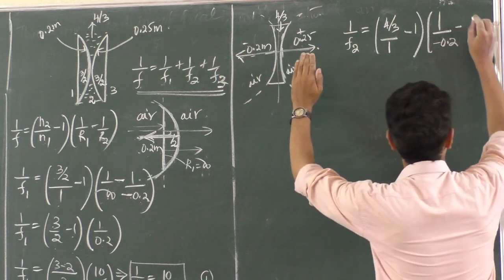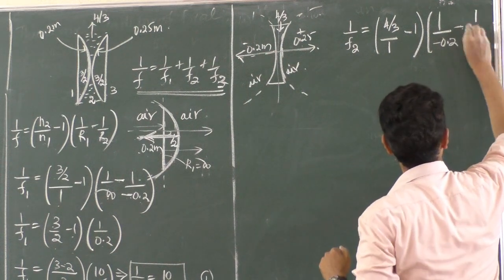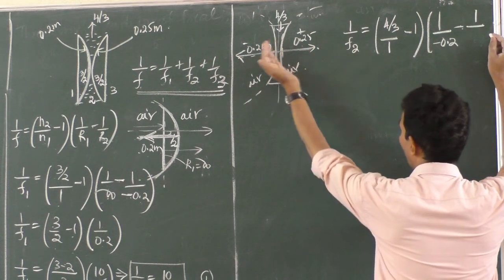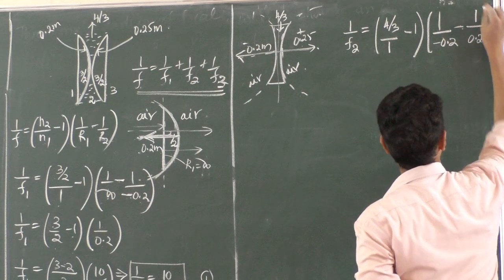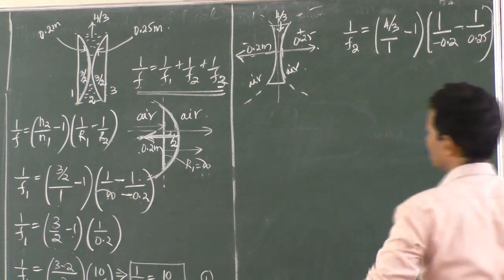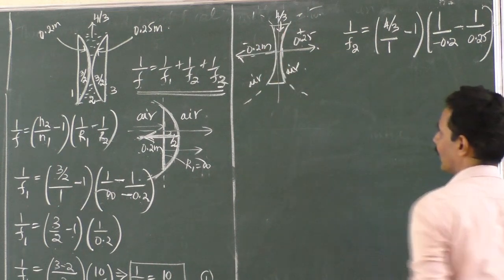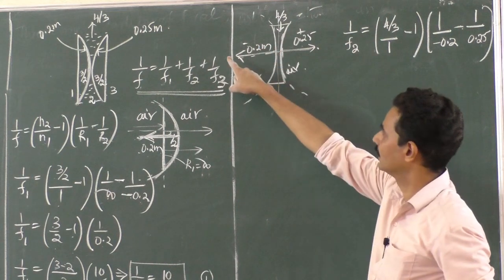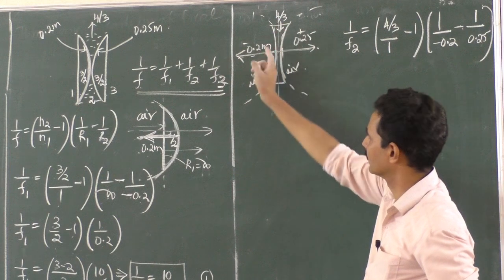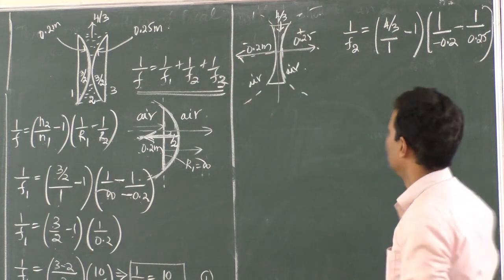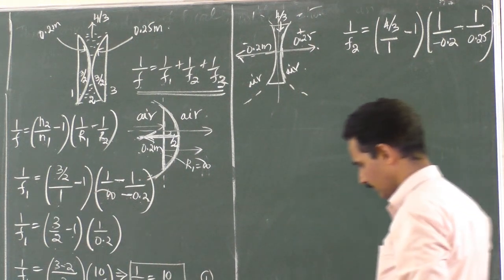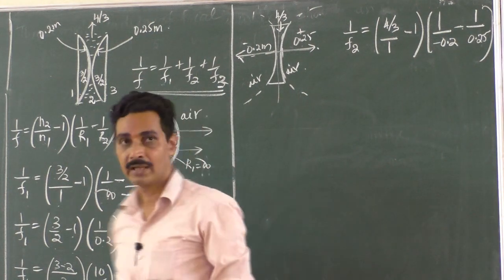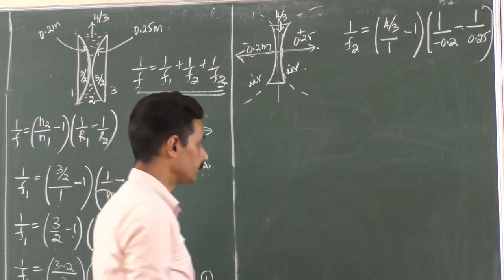R2 is on the right-hand side, so positive 0.25 using the sign convention, because this is measured on the right-hand side. R1 for this surface is measured on the left-hand side, since the center lies on the other side: minus 0.2. The minus between the terms is in the formula itself, and we have to solve it so that we get 1 by f2.